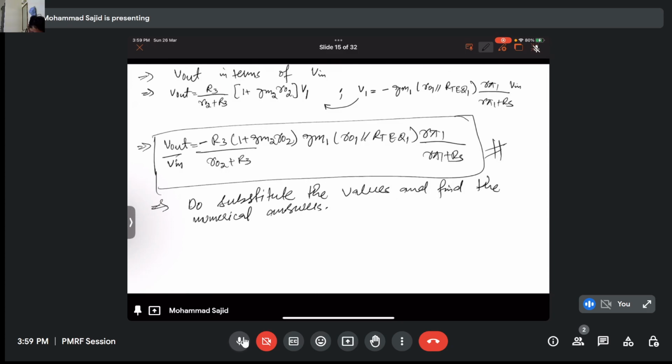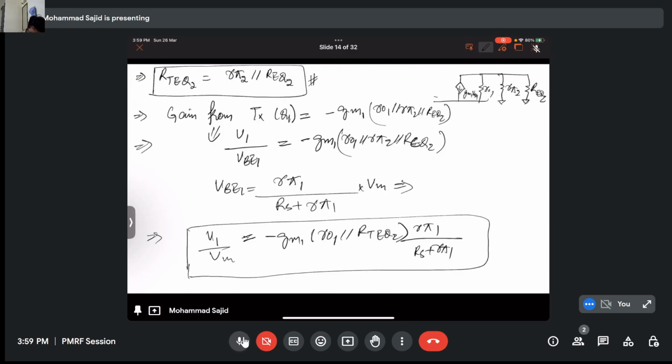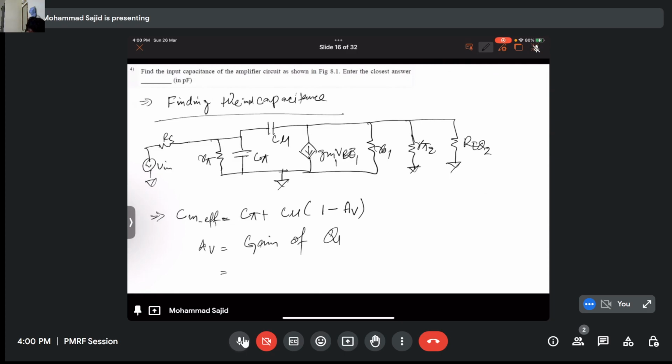So we found in the previous part that gain is simply equivalent to minus GM R naught 1 parallel to R pi 2 parallel to Q2. So RS is not mentioned here, so RS is ignored and we will have this gain.